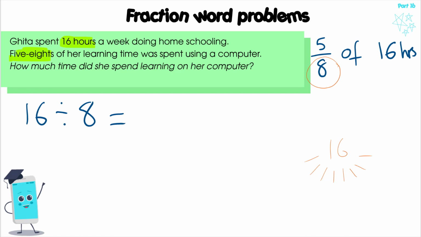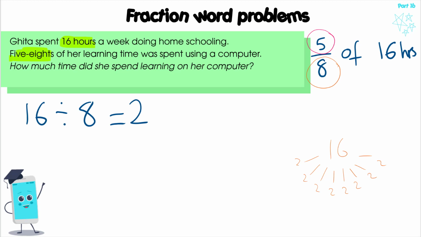When we're sharing by 8, we're dividing by 8. I'm going to use my 8 times table to help me. I know that 2 8s fit in 16. So I know that every group has got 2 in it. And then looking back at my fraction, the numerator, the number at the top is 5.